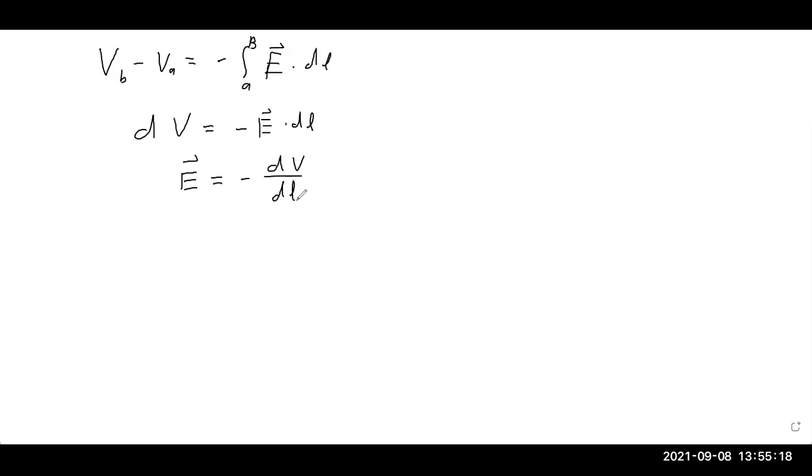So the faster the electrical potential changes over space, the greater the electric field is there. If you want to make this all super vectory, this works for each component.